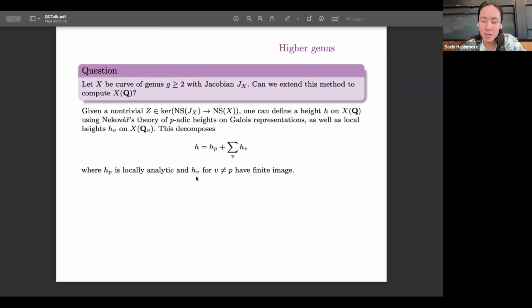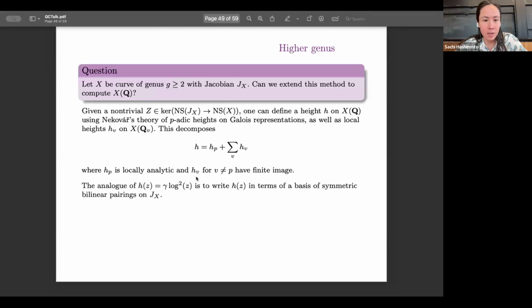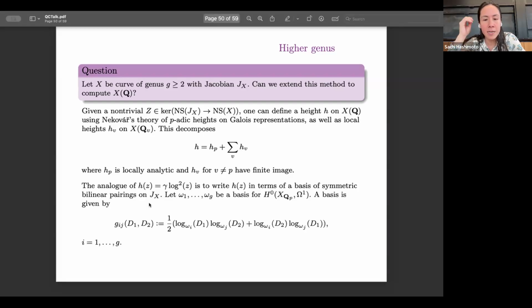Okay, so now we want to generalize this h equals gamma log squared that we had. We're not in a one-dimensional space anymore. And so what we would want to do is write h of Z in terms of a basis of symmetric bilinear pairings on the Jacobian. What does that mean exactly?